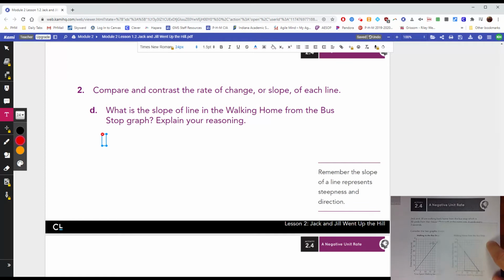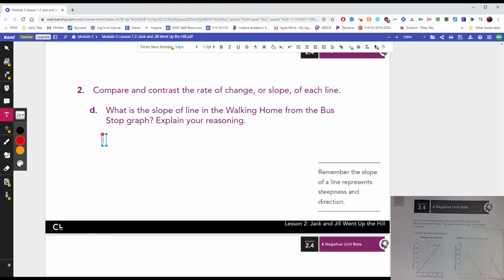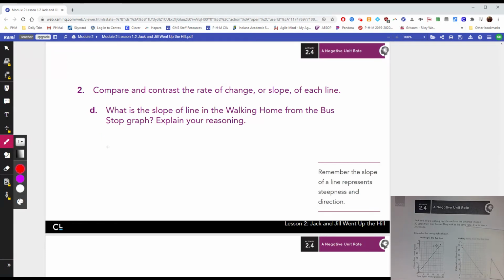So if the steepness is the same, and I know that the original graph had a steepness of 4/3, that was the slope, then I know that the slope of the walking home graph must have that same steepness, but a different sign. So the slope, m, equals negative 4/3 for the walking home graph.